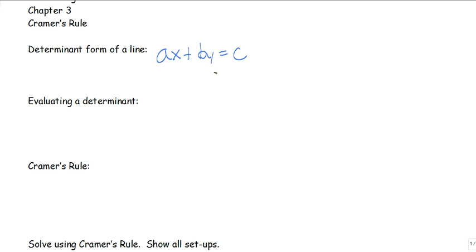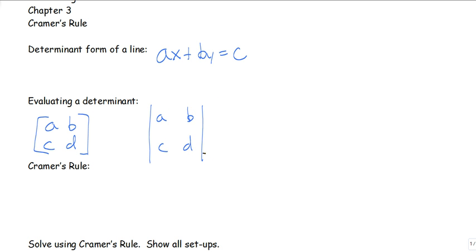So evaluating a determinant comes from a square matrix. It's a value that's associated with it. For a 2x2, I did that wrong actually. It should be A, B across the top and then C and D. So if I have a matrix like that, the determinant is written like a big absolute value symbol.